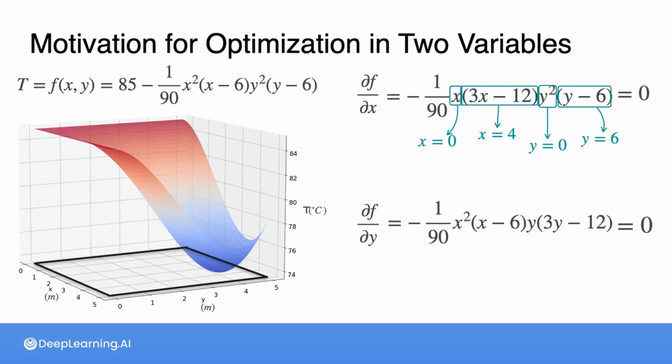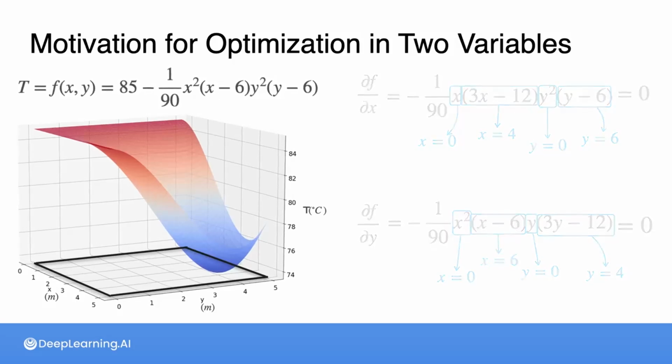And similarly for ∂f/∂y, either x is equal to 0, or x is equal to 6, or y is equal to 0, or 3y minus 12 is equal to 0, in which case y equals 4.